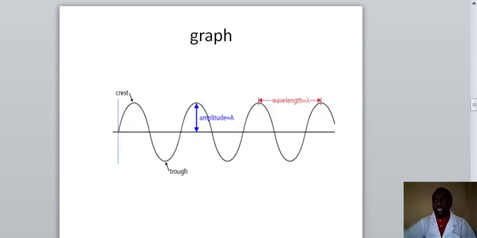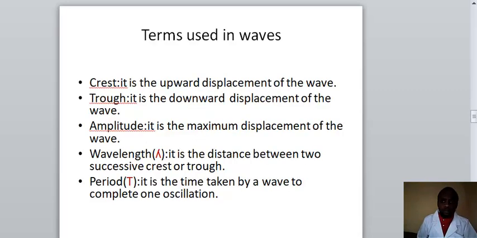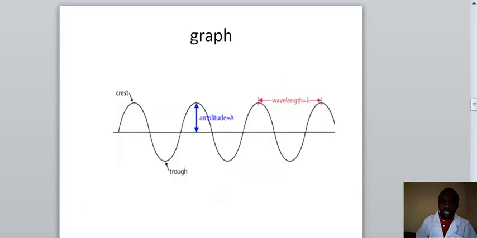The crest is the upward displacement of the wave. When you look at it, this is up, so this is the crest. You can look at all of them; they are what we call the crest.